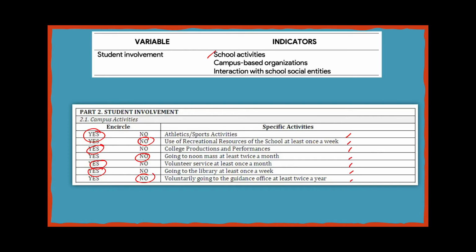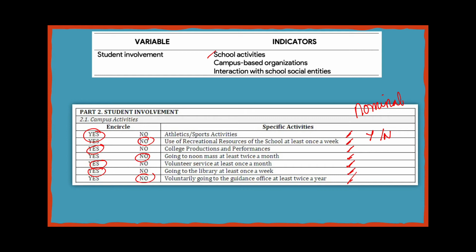Now, what type of measurement is this? Is this nominal, ordinal, interval, or ratio? Now, if the idea is to measure each indicator or each statement, and then you're going to say whether this is a yes or a no, then that is a nominal variable. But in this actual study, it was measured as counting how many yeses.